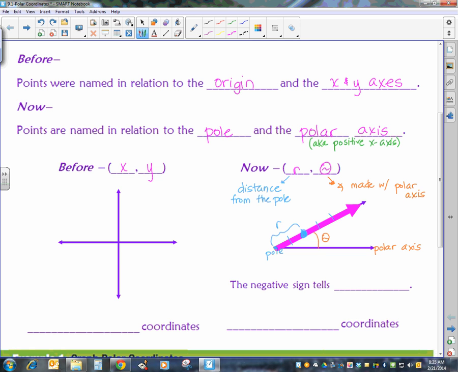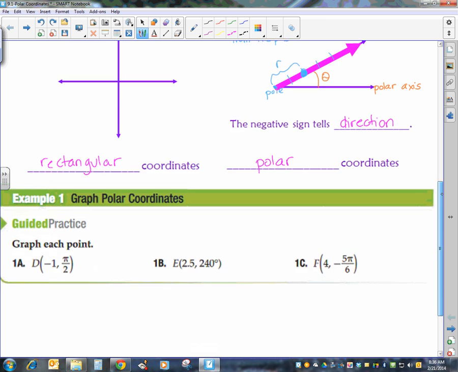And we're going to talk about it, but remember the negative sign here, just like we have with our distance, tells us the direction, okay? So again, these are our rectangular coordinates, and these are polar coordinates. And as I said, when you want to graph these, you always start with the angle, and then you graph the r.